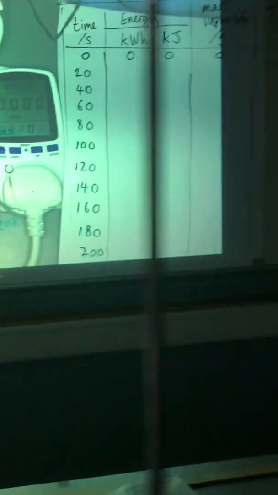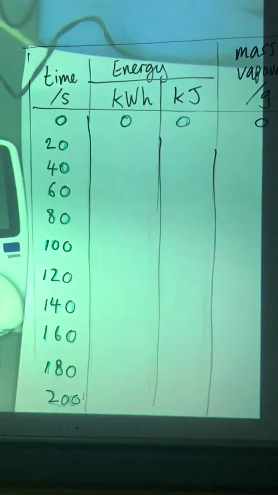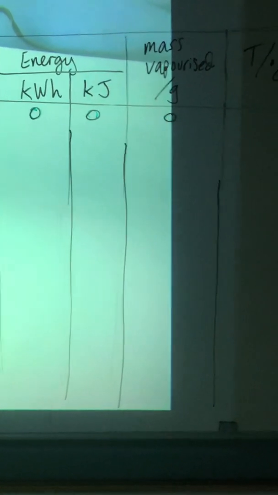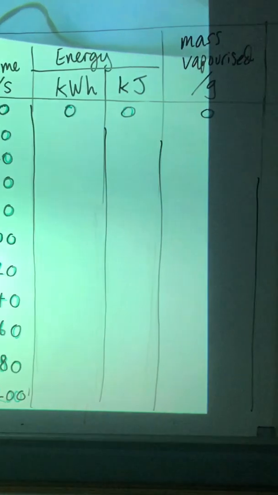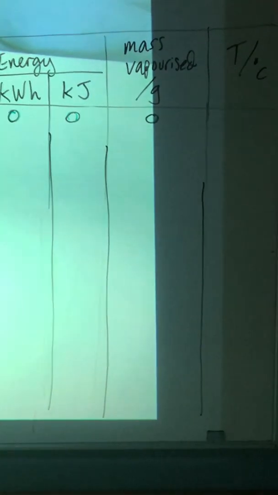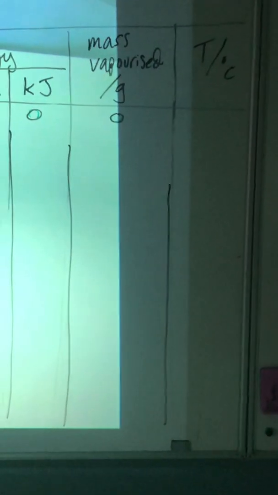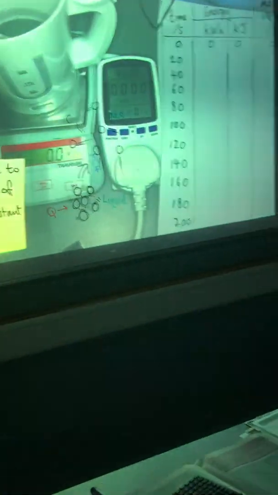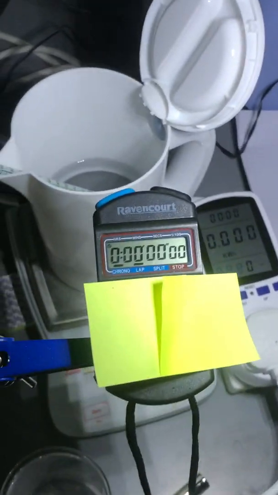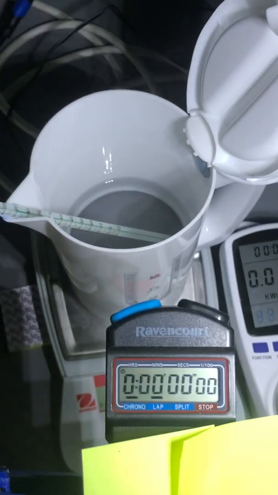Just so you can see the table, we've got time, energy in kilowatt hours, energy in joules or kilojoules, whatever it comes out as, multiplied by 3.6 million, and then mass vaporized in grams, and then we monitor the temperature at the end there as well, which of course should stay the same. And we're going to go for, let's go for 200 seconds and see what happens.